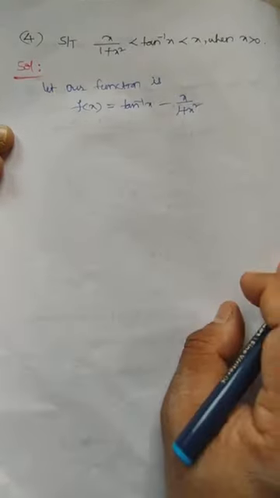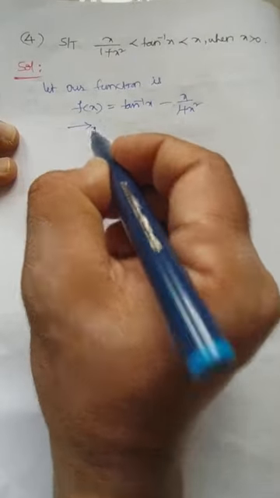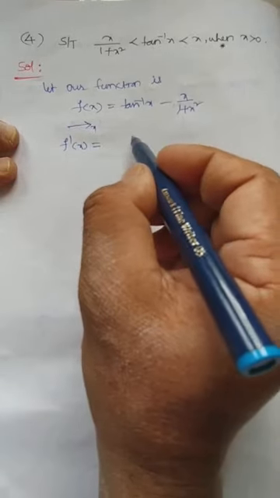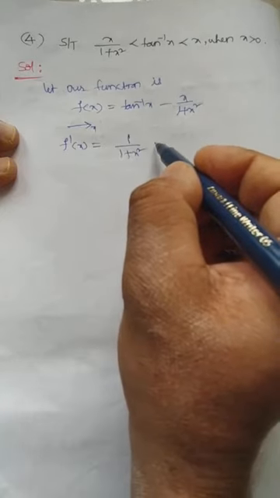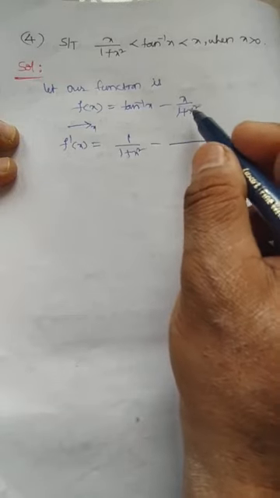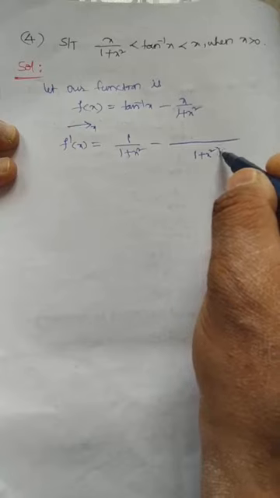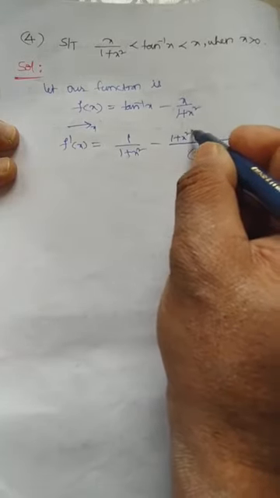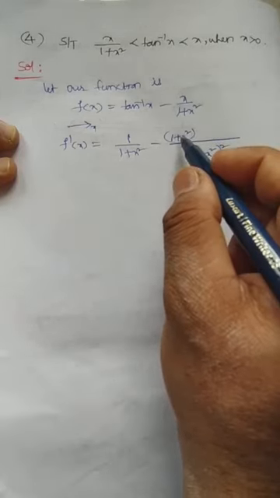Now I am taking its derivative with respect to x on both sides so that I could get f dash of x. Tan inverse x derivative is 1 by 1 plus x square, minus the derivative of u by v: v square in the denominator, that is 1 plus x square whole square, v remains the same.